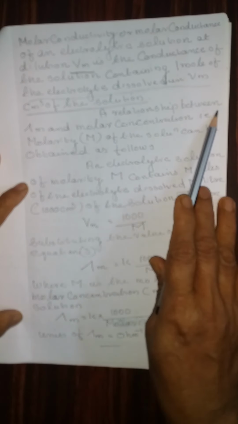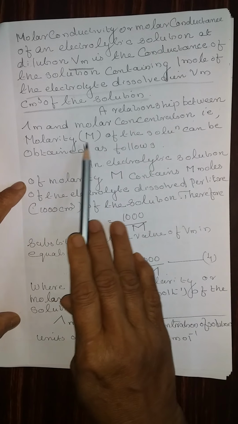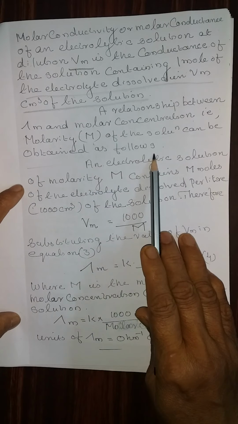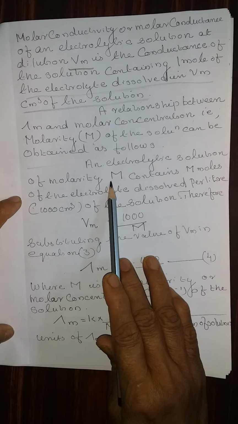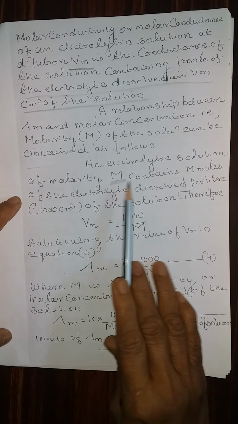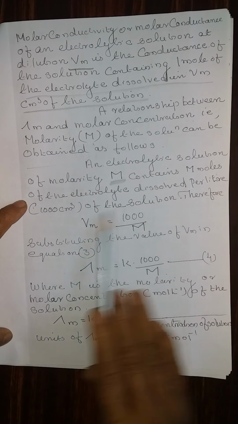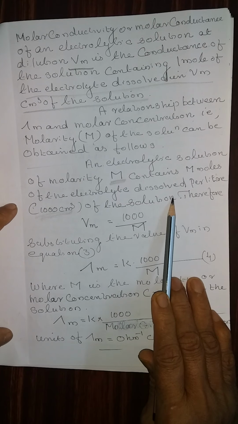A relationship between delta M, that is molar conductivity, and molar concentration, that is molarity of the solution, can be obtained as follows. An electrolytic solution of molarity capital M, you already know the definition of molarity, contains M moles of the solute dissolved per liter, that is 1000 centimeter cubed of the solution.